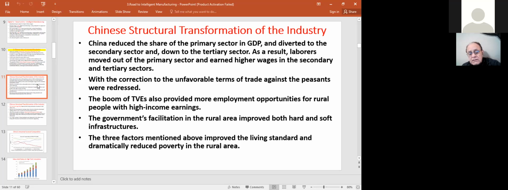They provided opportunities for the rural people to work and increase their income levels. So the government provided a lot of facilitation for the town village enterprises, and this is how they improved the employability of the rural areas.